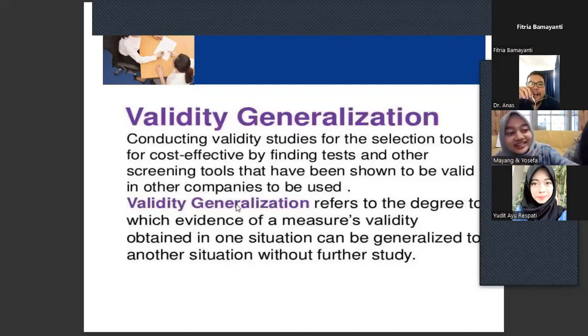In my opinion, an extrovert likes to have interaction with many people. Okay, yeah, this is right. Mayang, this is an extrovert.